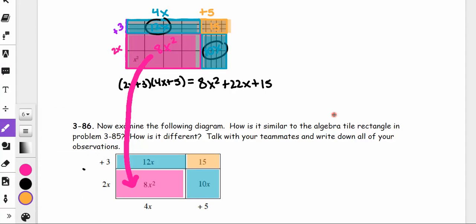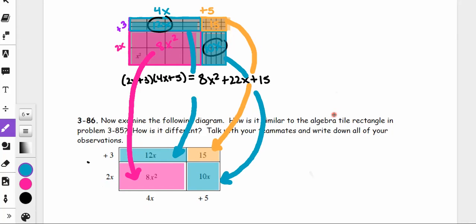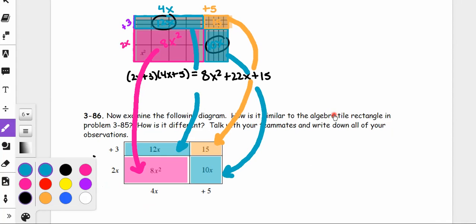I've got these 15 ones, which I'm just writing as 15. I have this 12x here, and then that 10x here. And so instead of drawing out each of those separate pieces, we have them in a box, a rectangle, and we call that an area model.